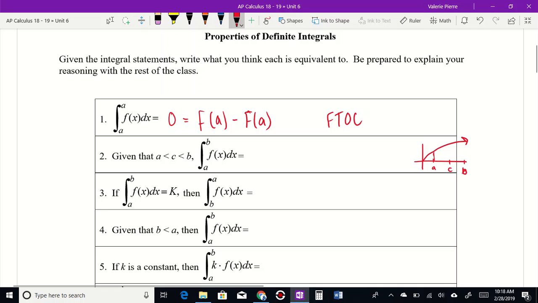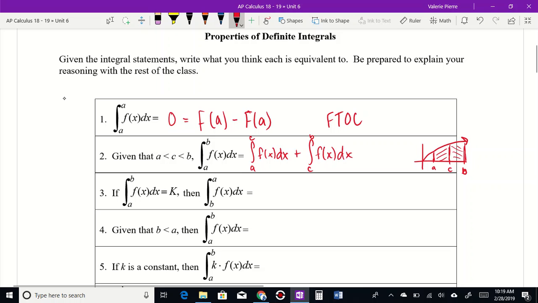So if we want the area from a to b, we can split that to the area from a to c plus the area from c to b. So this is going to be equal to the integral from a to c of f of x dx plus the integral from c to b of f of x dx. Remembering that when we write the integral, the number on the bottom should be less than the number on the top.